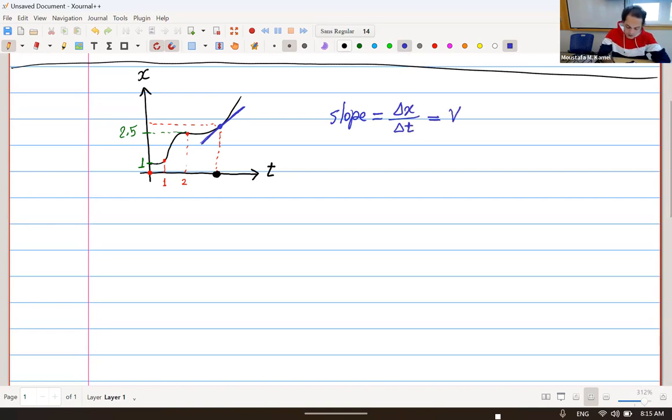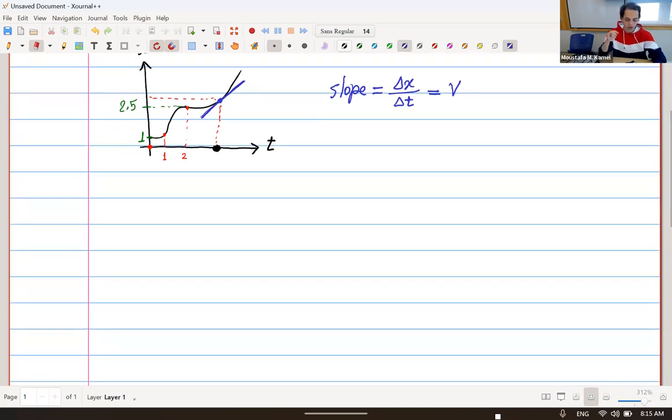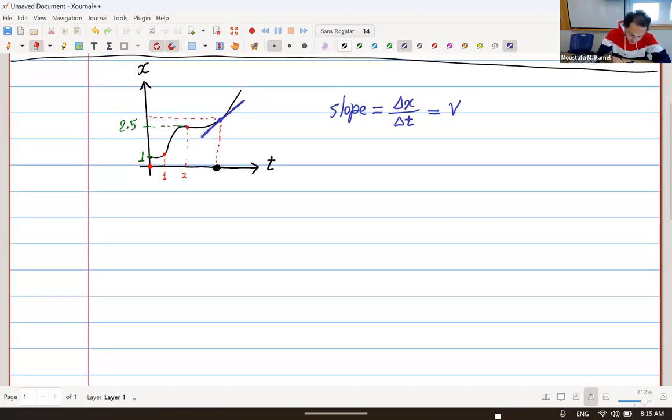And this is the average velocity, but if it's at a point, then it's the instantaneous velocity. If I wanted it to be the average velocity, I would tell you, okay, get the velocity between point, let's say 1 and 3 time. Then you get the average. If the graph is a straight line, then the velocity is constant anyway.